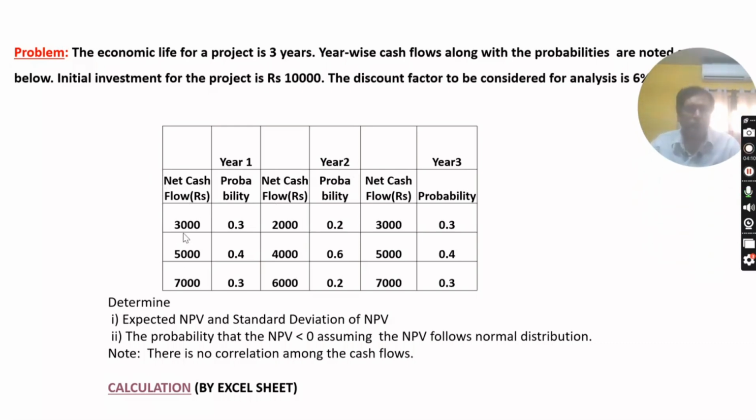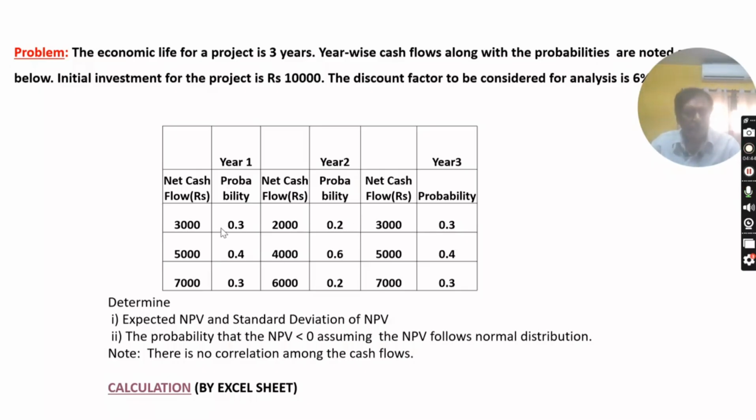The probability for cash inflows of rupees 3000 is 0.3, the probability for cash inflows of rupees 5000 is 0.4, and the probability for 7000 is 0.3. In this way, for each year, first year, second year, third year, the data are given on the basis of past experience analysis. These are the data.